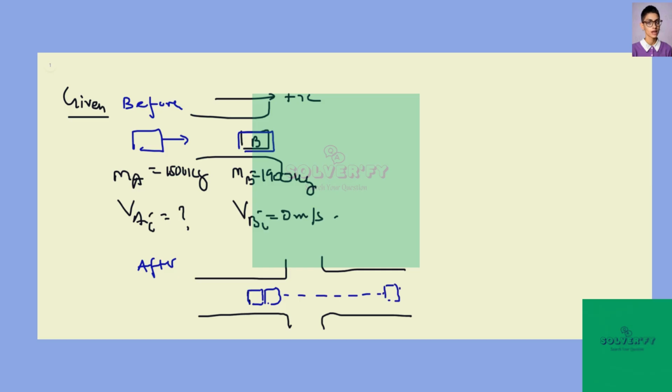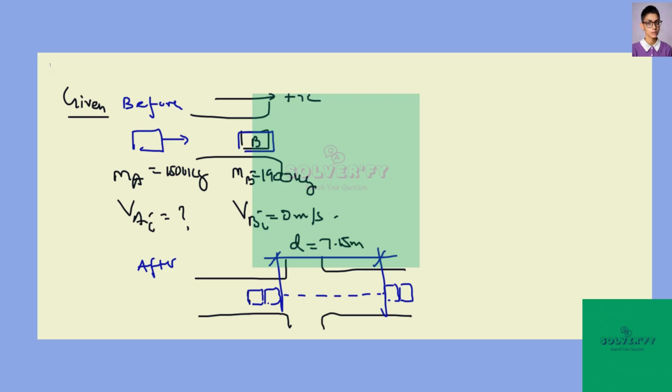move a certain distance. The distance is given. This distance right here that they move, we're going to call it D. D happens to be equal to 7.15 meters.